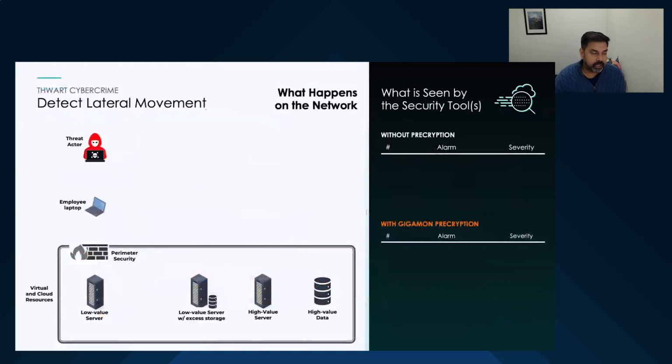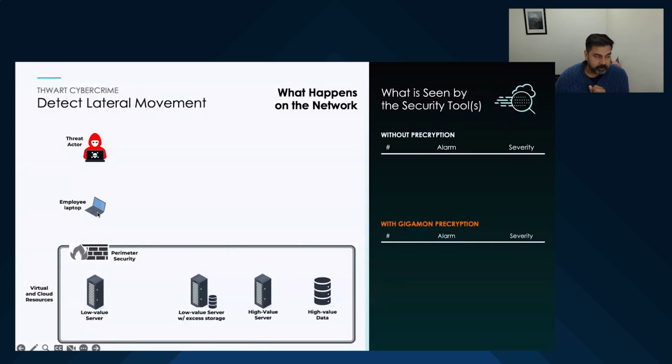So another use case here is detecting lateral movements. This is encrypted communications that's not necessarily crossing a firewall, or if it is, it's not getting the level of depth that's needed.